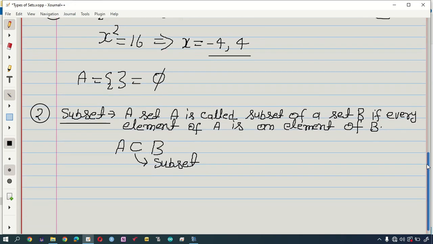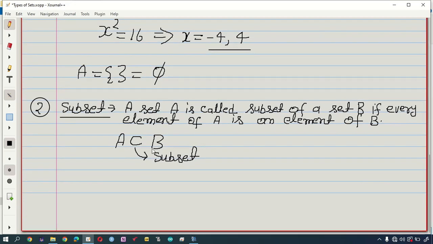Now let us take a numerical example. So I am taking A which has two elements, 2 and 3, and a set B which has three elements, 2, 3 and 5.